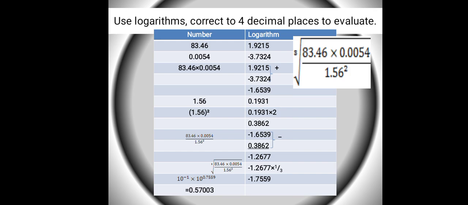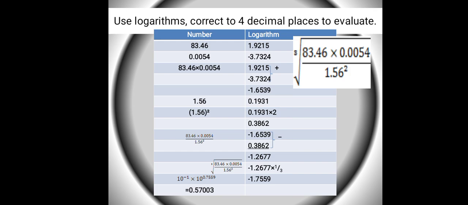Now the logarithm of 1.56 is 0.1931. The logarithm of 1.56 squared is, you multiply by 2 the logarithm of 1.56, we get 0.3862. Now subtract the denominator from the numerator, the logs.